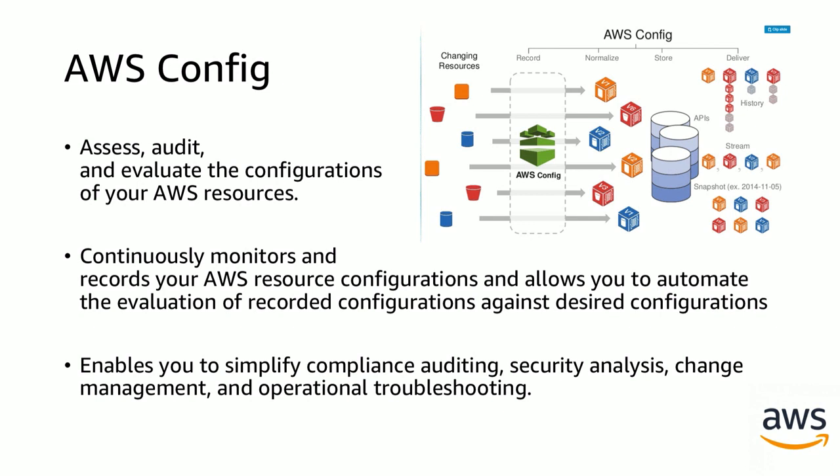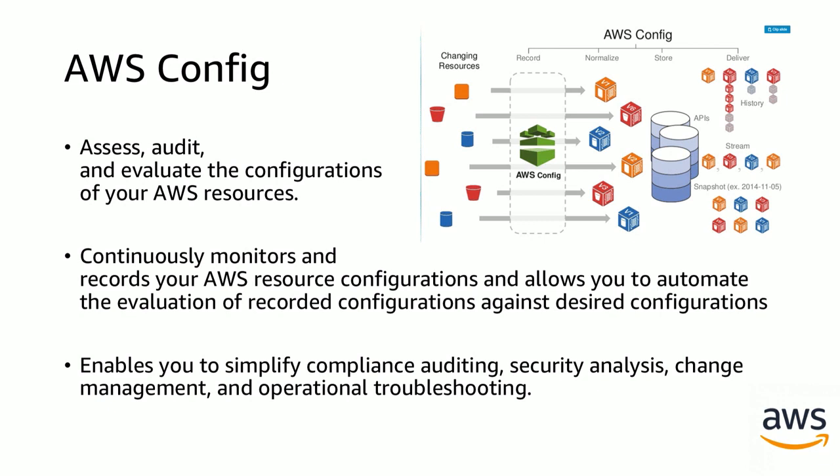It can continuously monitor and record your AWS resource configuration. Resource configuration is a feature within Config that allows you to automate the evaluation of recorded configuration. So you can have, as I talked about, a golden image, right?